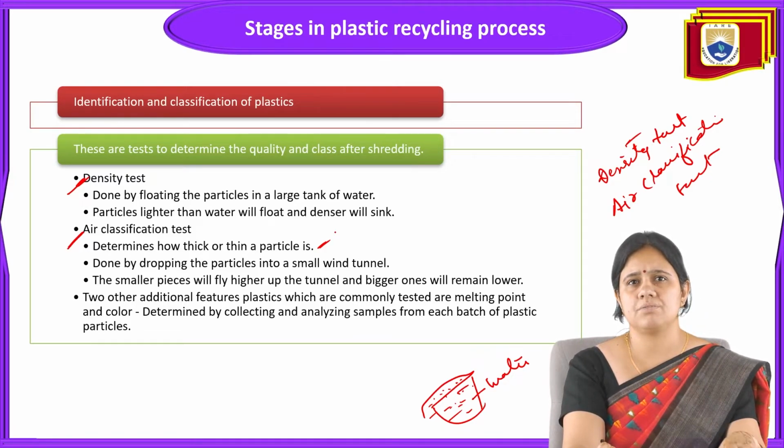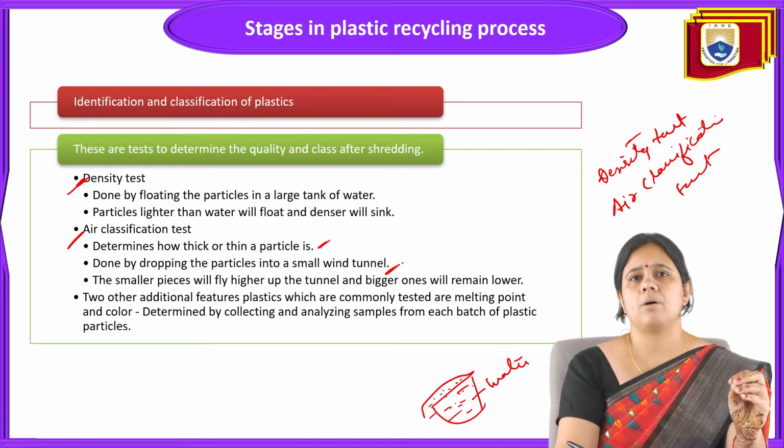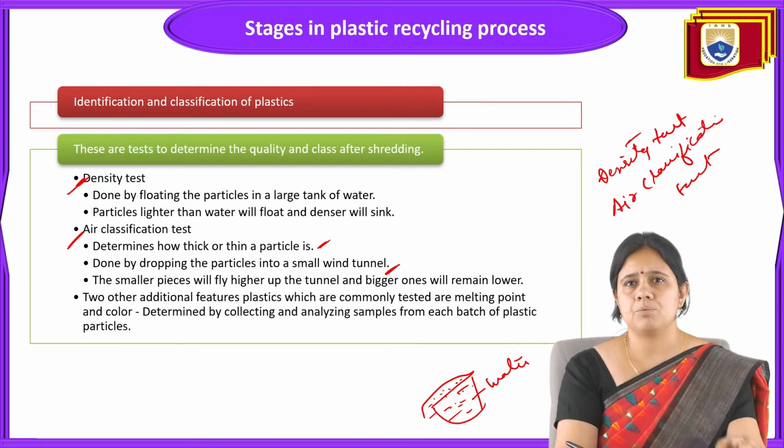It is done by dropping the small particles into a small wind tunnel, and the smaller pieces will fly higher up the tunnel, and the bigger ones will remain lower.